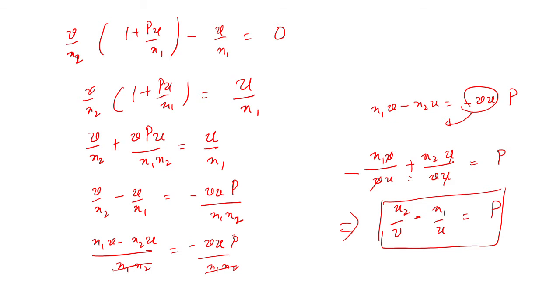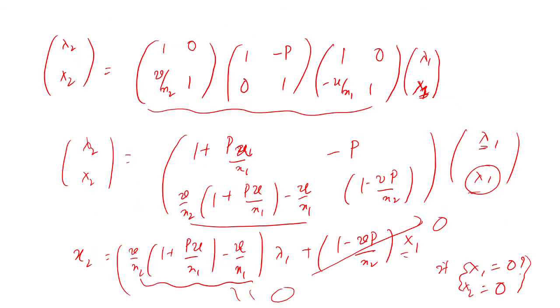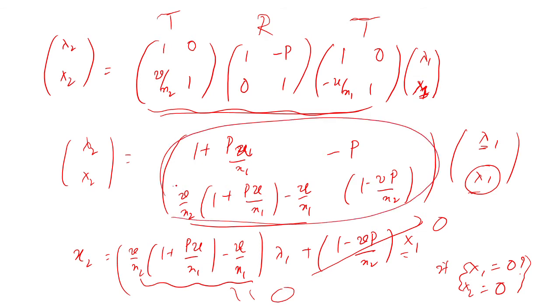But now let's go back to the matrix that we had. So the three product matrices. This is for translation from object to the lens. This is refraction, and then again the translation to the image. And the overall matrix we got was this, and we had set this entire term to 0, because if x1 is 0, x2 should be 0.